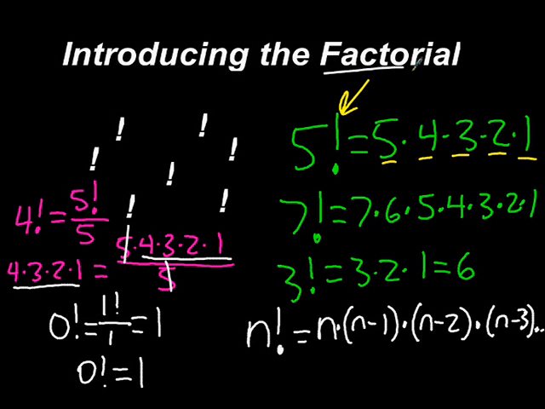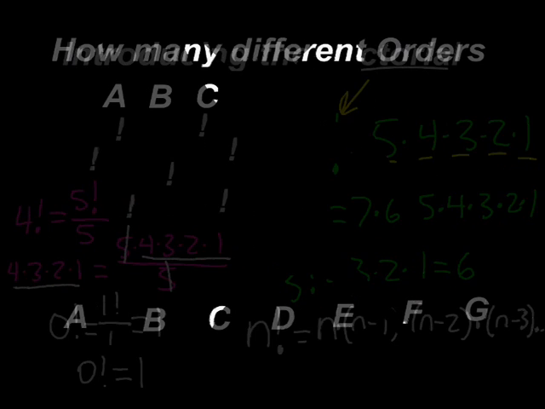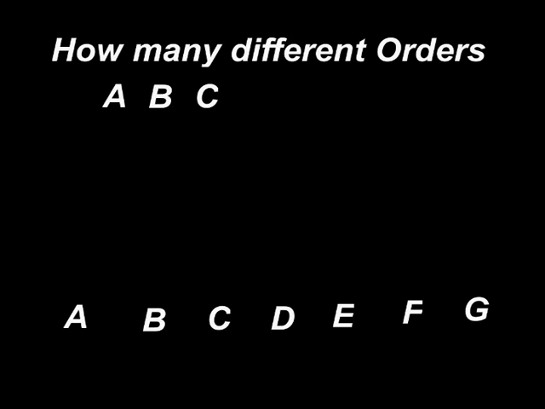Here's the factorial. So let's figure out why we would need to learn how to use factorials. Okay, if we need to see about order here, I can do it by hand. If we have A, B, C, I want to see how many ways I can put A, B, C in order.